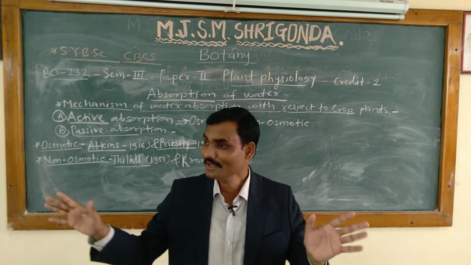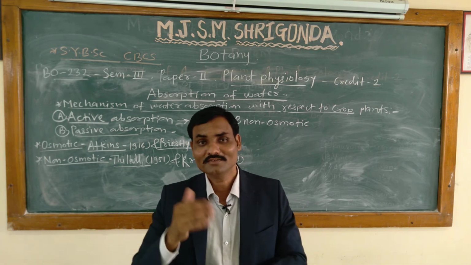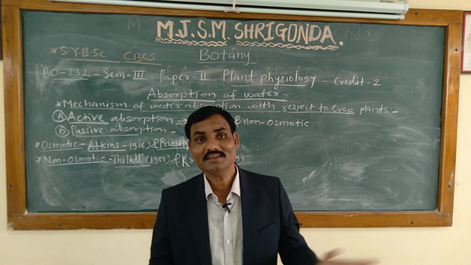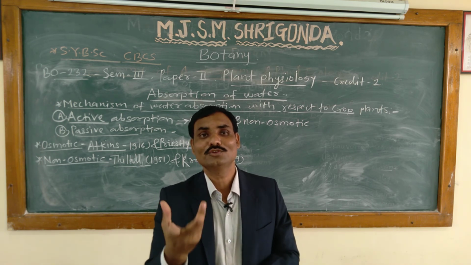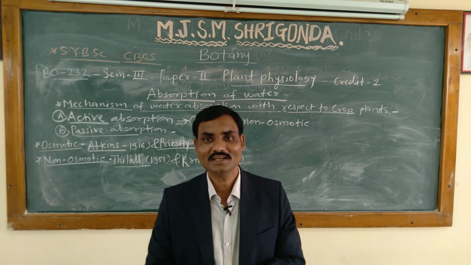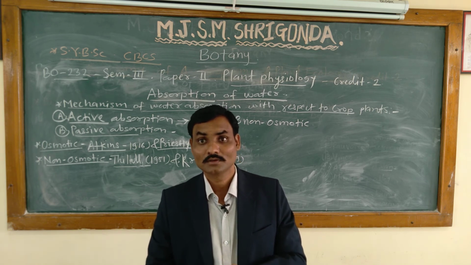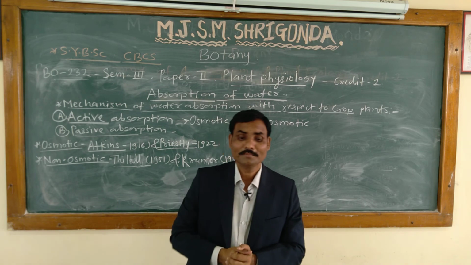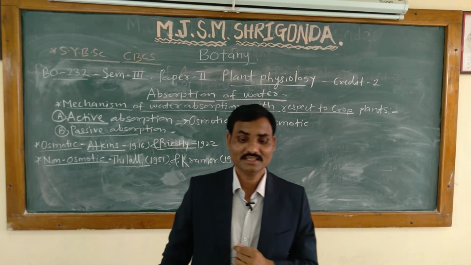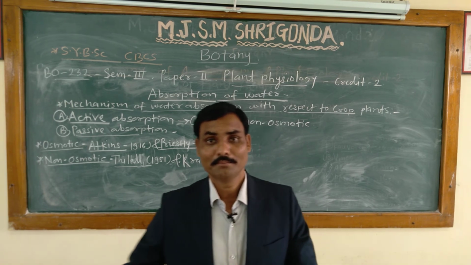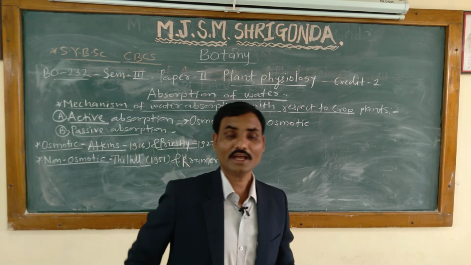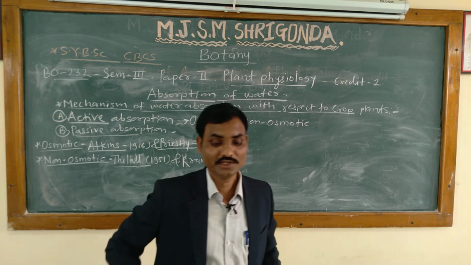When we look at a flooded area, suppose there is a tur (pigeon pea) crop, in the place where water has accumulated, the tur undergoes wilting. That crop is going to wilt, and therefore this indicates that water is absorbed by living cells in aerobic conditions only.